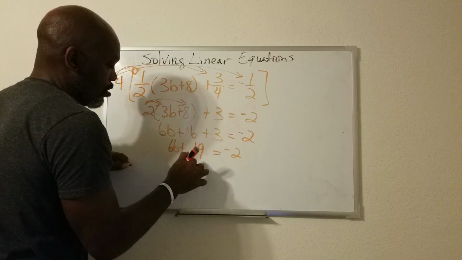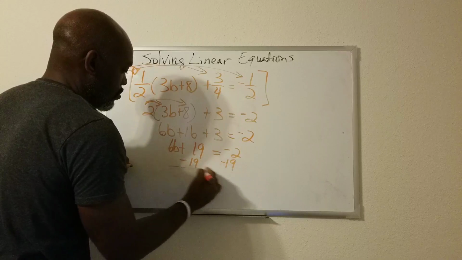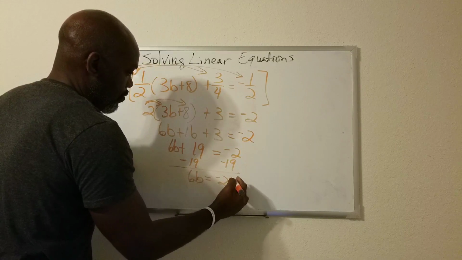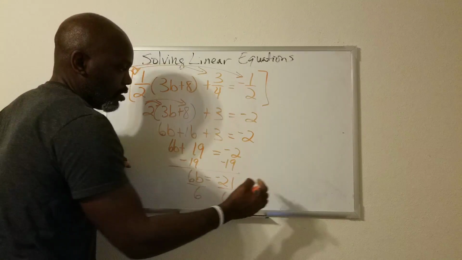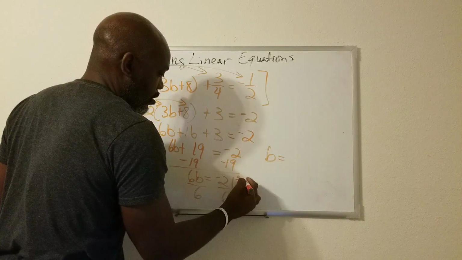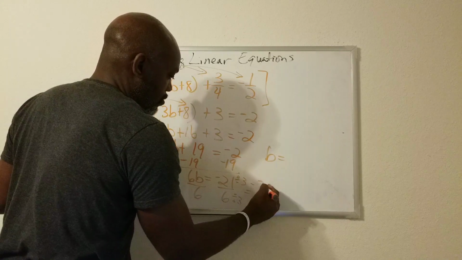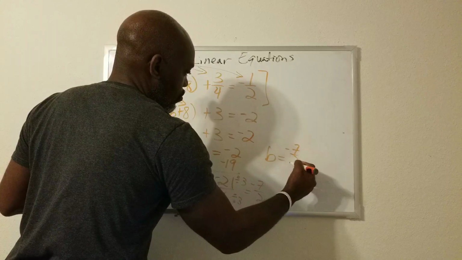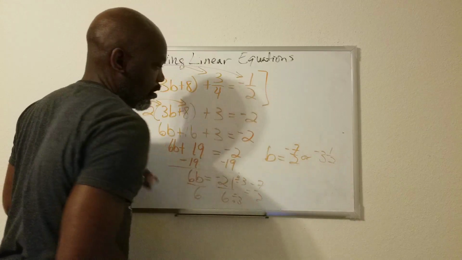We do the subtraction property of equality. Negative 21. Then the division property of equality. b equals, we reduce both by 3, and end up with negative 7 over 2, or negative 3 and 1/2.